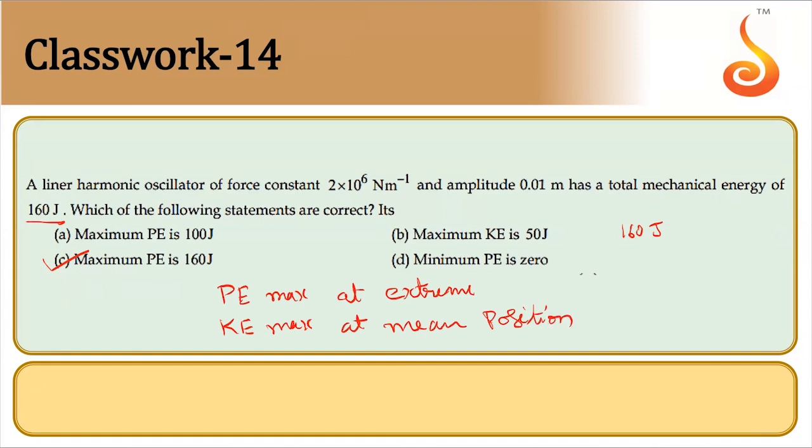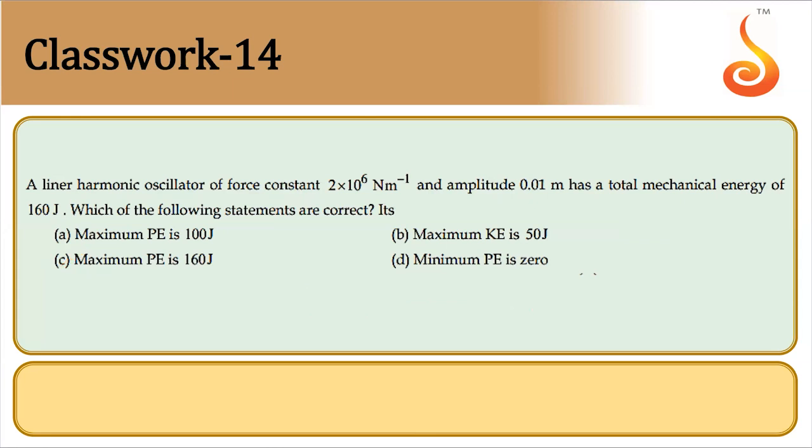So at extreme position, potential energy is maximum, kinetic energy is minimum. At mean position, kinetic energy is maximum, potential energy is minimum. So it should be option C. So entire energy is potential. Yes, simple one. Hope you have taken this. Shall move on to next.